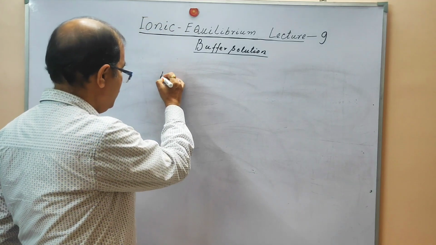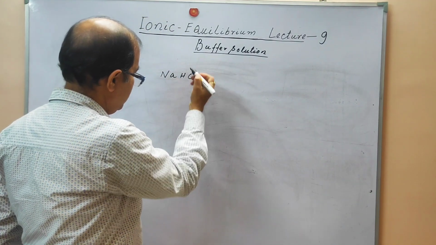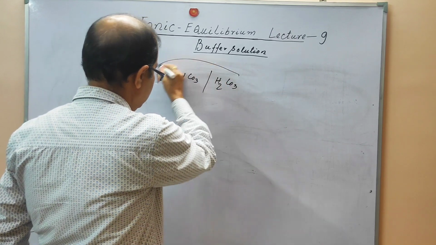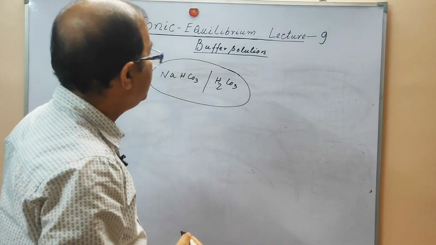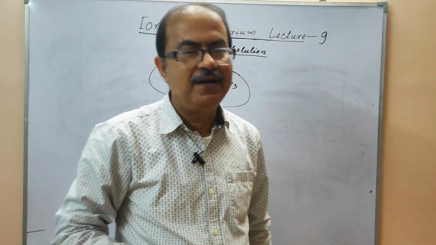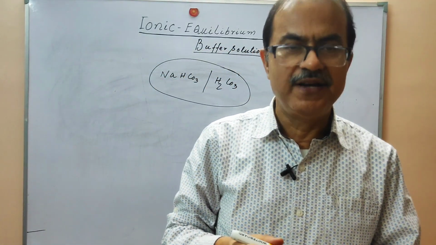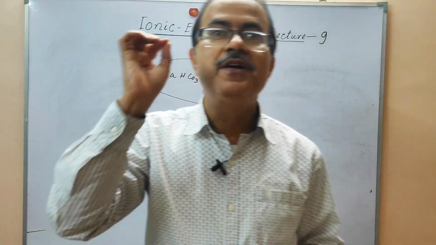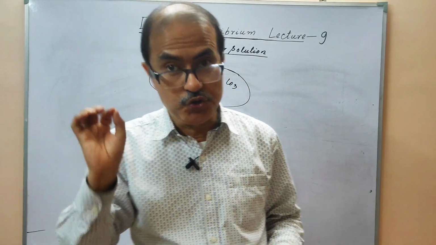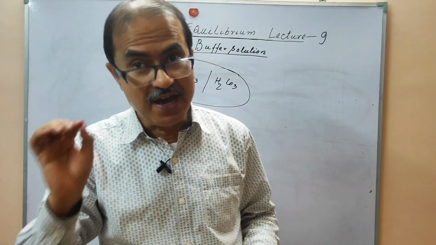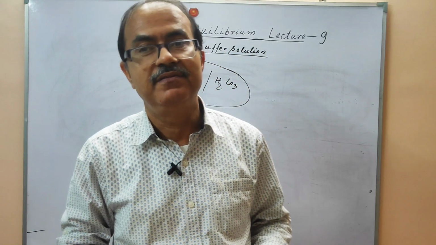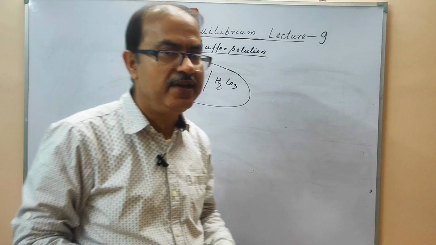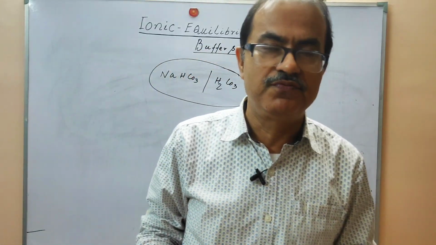In this blood you will find NaHCO3 and carbonic acid. This is the buffer system in the blood. In the same way, it is able to maintain the pH. And if the pH varies by more than 0.2, then there is a chance of death. Okay, so buffer action is very important for our biological system and many other things.